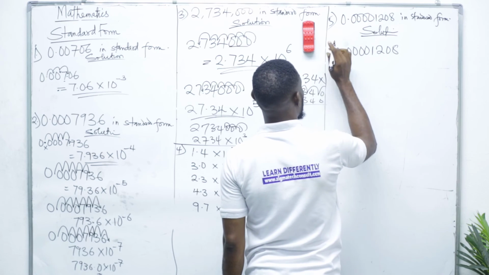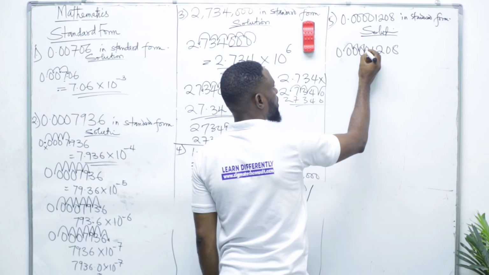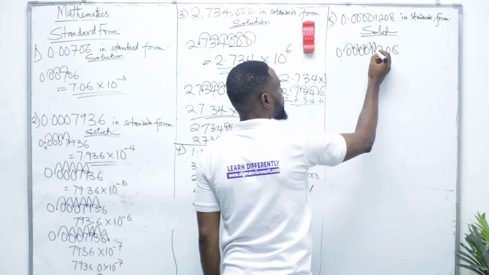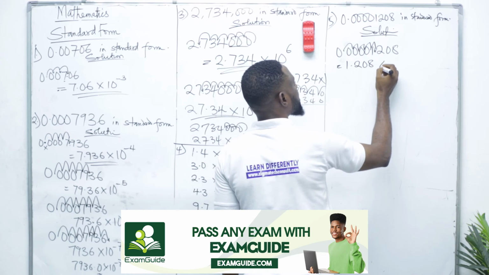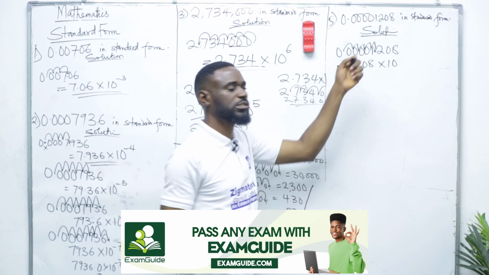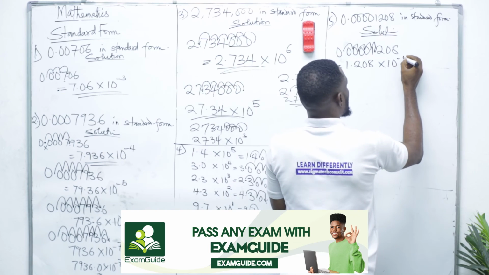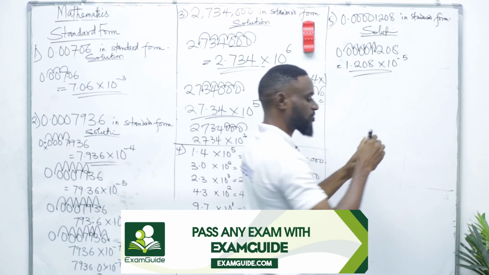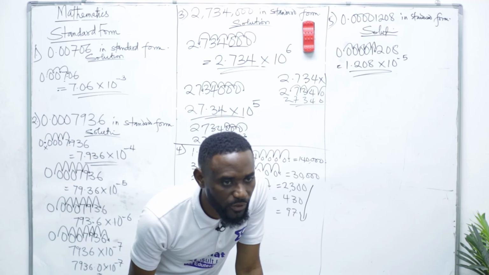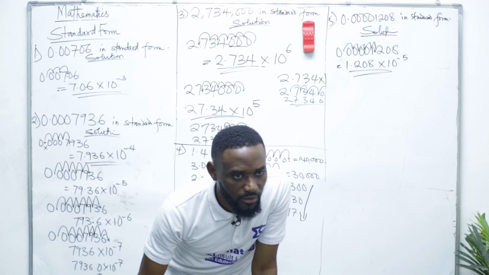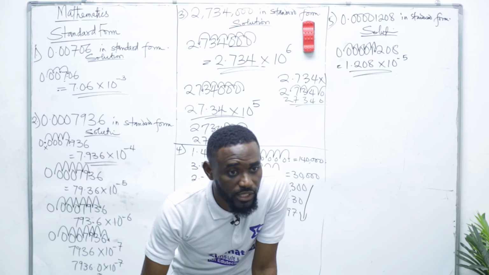Our concern is this decimal point. It moves 1, 2, 3, 4, 5. So we have 1.208 times 10 raised to the power. It moves forward, so it's going to be what? Negative index, 10 raised to the power minus 5. And the correct answer there is 1.208 times 10 raised to the power minus 5. So that is option C, the correct option there.